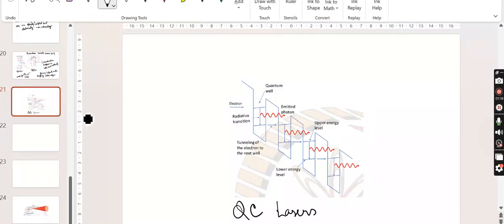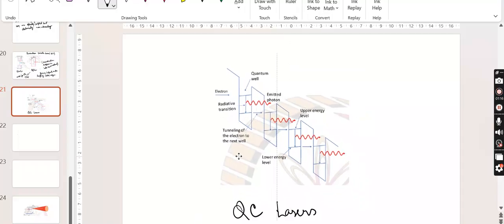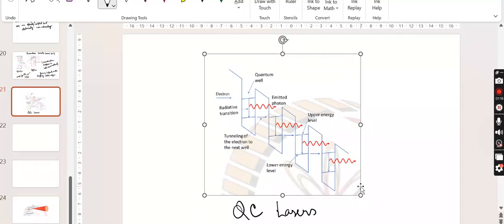So when we need a more intense light, only one transition is not enough. For that, we need a cascade. A single electron upon its injection into the gain region goes through a transition and emits a photon. Then it translates into another well and does the same thing.